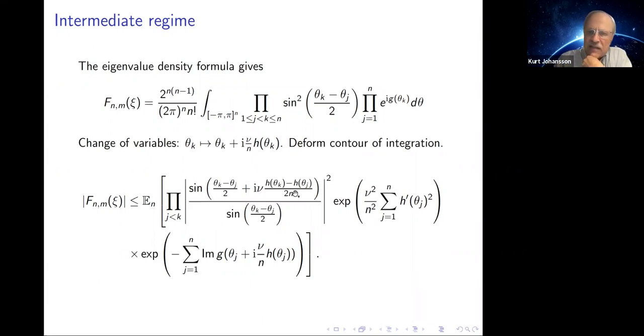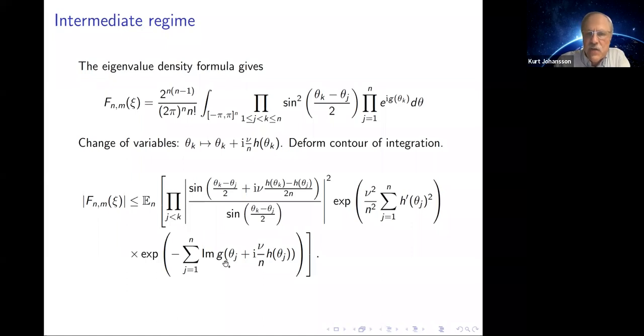So you see here, I just introduced this change of variables into this sine squared part here, right? And I've also taken out the sine squared part again and written it so that I can write the expectation again. Right? This part here comes from the Jacobian when you change variables, which is estimated here.